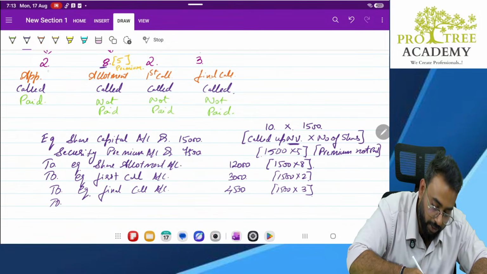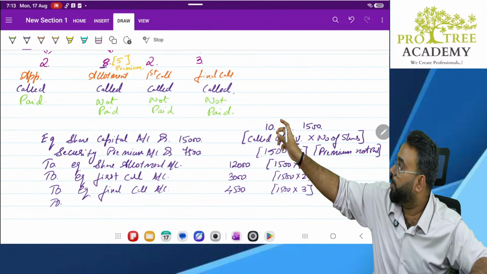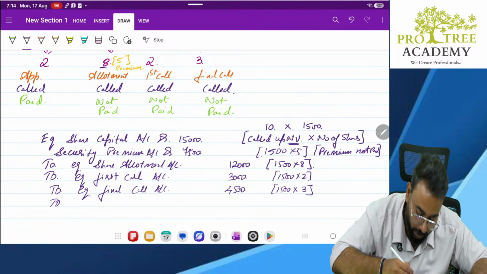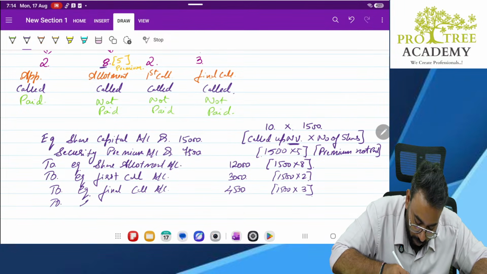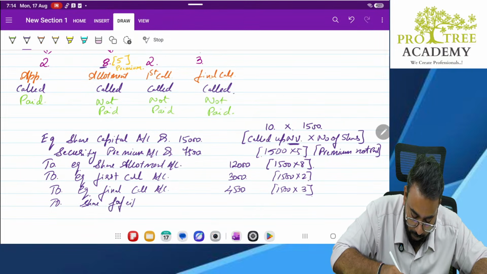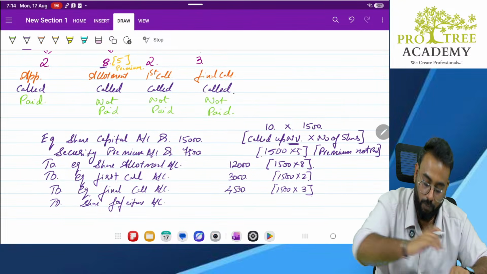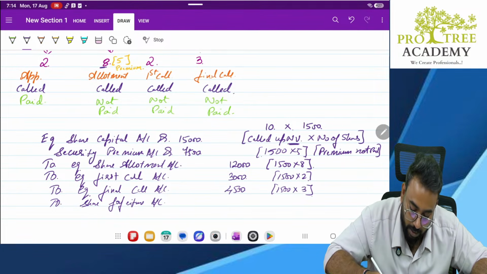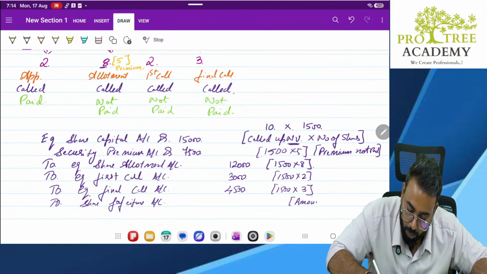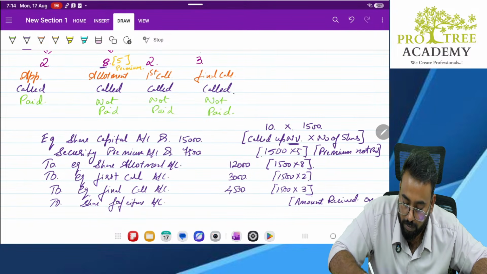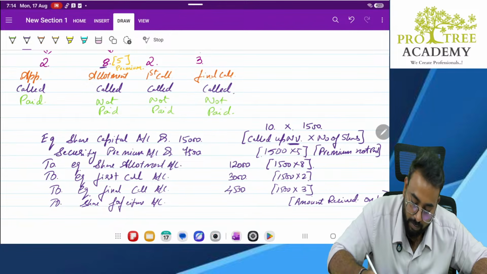Why? Because we have received some money. So whatever amount has been received, that will go to forfeiture account. To share forfeiture account. How much is that? Whatever has been paid. Amount received on shares cancelled, or on cancelled shares.